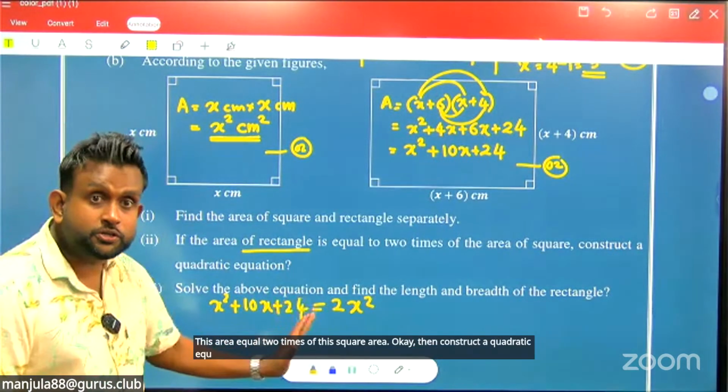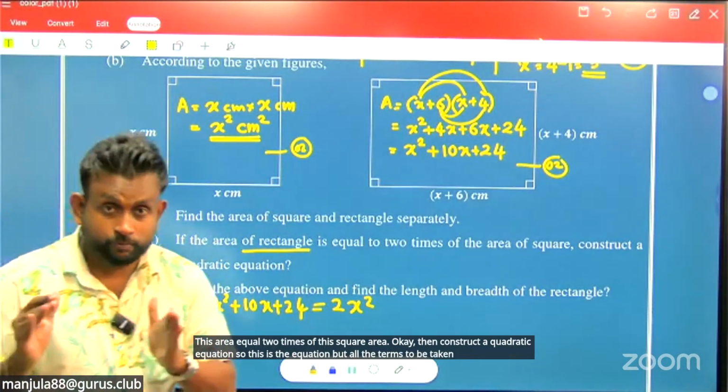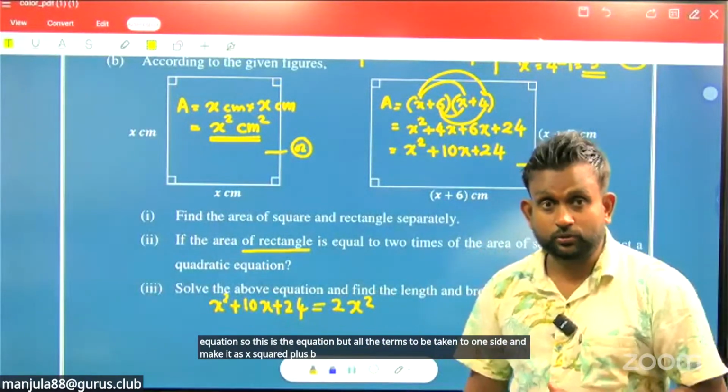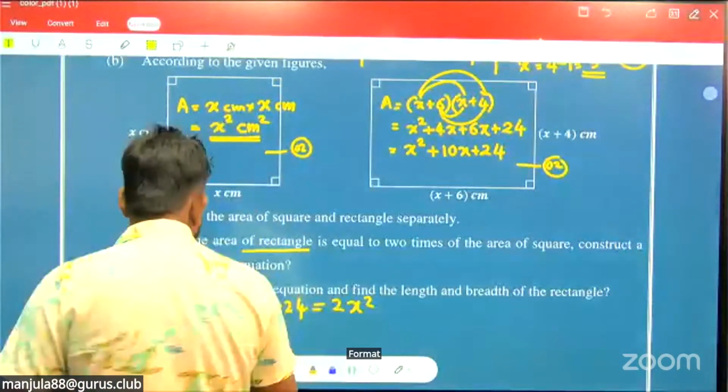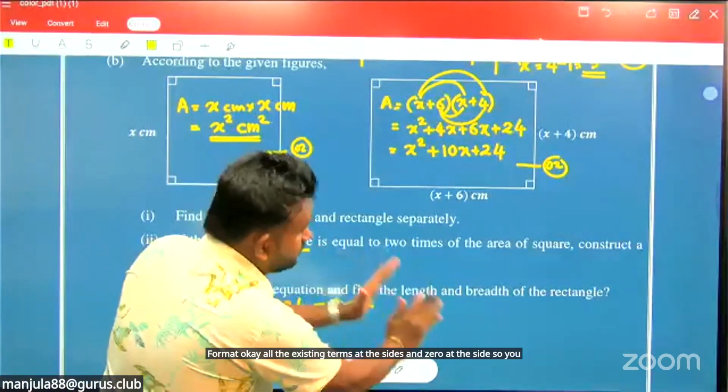So this is the equation, but all the terms are to be taken to one side and made into ax squared plus bx plus c equals 0 format. All the x squared terms on one side and 0 on the other side. So you can bring all these terms to the right side.